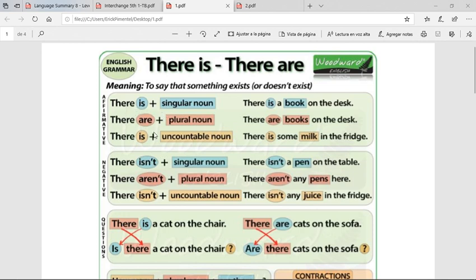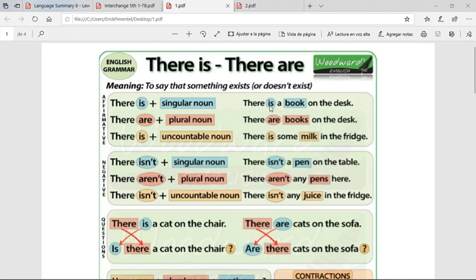And also you can use an uncountable noun. Why? Because you never put uncountable nouns in plural. For example, you don't say milks because you're gonna say 3 milks. No, it's a liter of milk. Okay. So we use there is for singular nouns and uncountable nouns. And remember, always you need to use an article with the singular nouns.